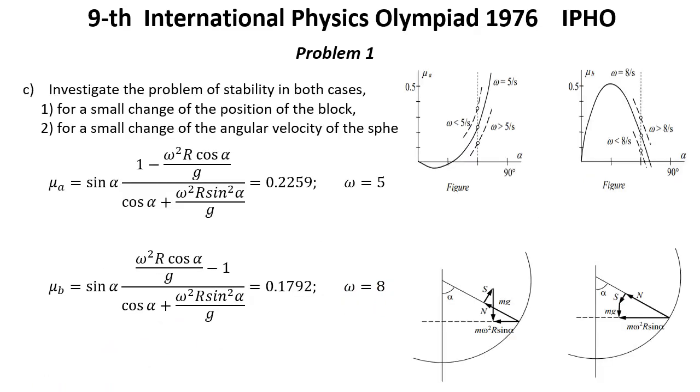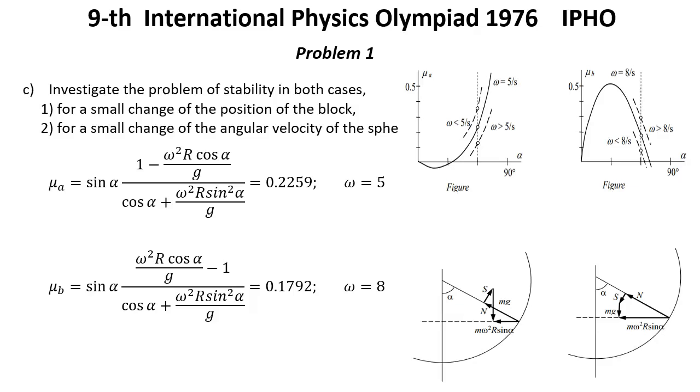Question C. Investigate the problem of stability in both cases. First, for a small change of the position of the block, and second, for a small change of the angular velocity of the sphere. In previous questions we found critical coefficients in both cases.